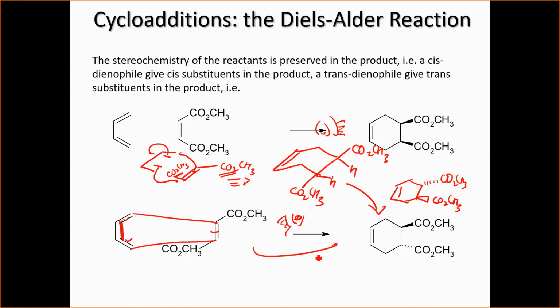So that's what it is here. There's a new sigma bond and a new pi bond. Does it make sense? This compound is a trans. This is cis. The top one is a cis. The bottom one is trans.